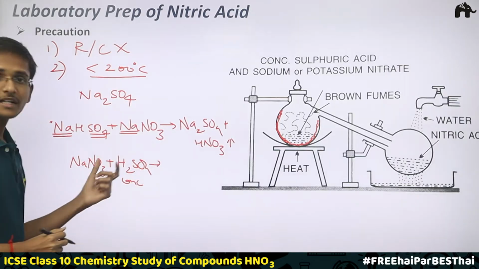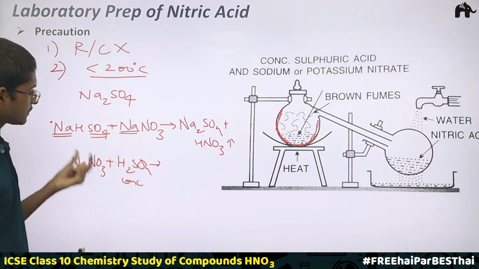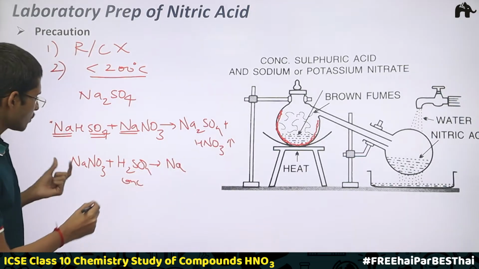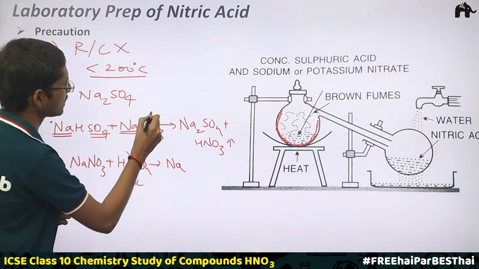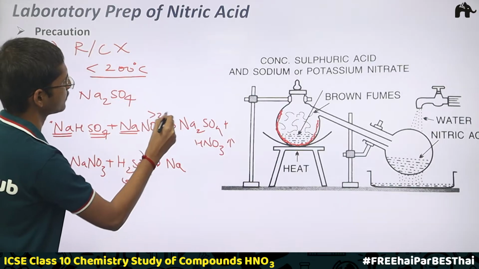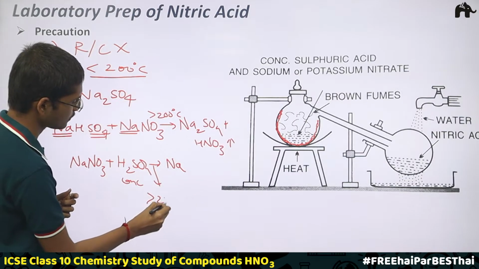Please pay attention, I am not balancing the reactions, you need to balance them on your own. So NaNO3, sulfuric acid. This reaction is above 200 degrees Celsius, make this clear in your head. This is also above 200 degrees Celsius.